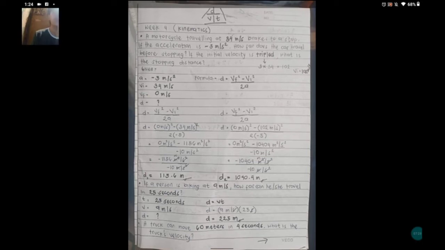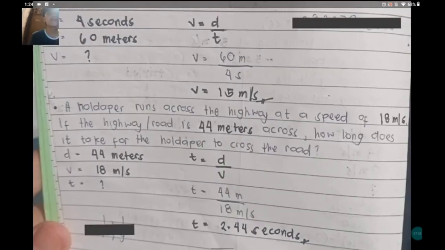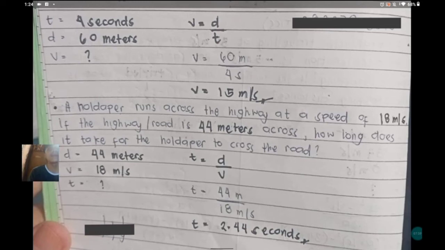So, the third problem, a truck can move 60 meters in 4 seconds. What is the truck velocity? So, ito yung given. Time equals 4 seconds. Distance is equals to 60 meters. And velocity ay yung hinahanap.